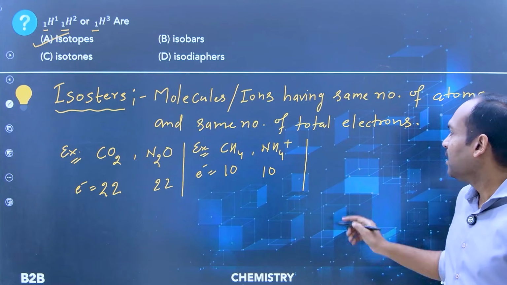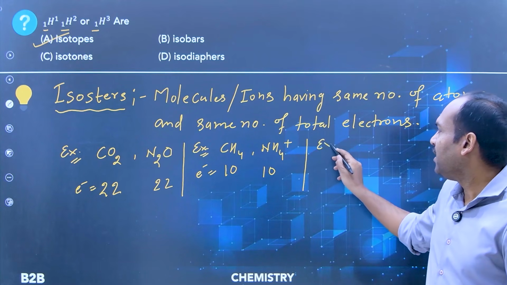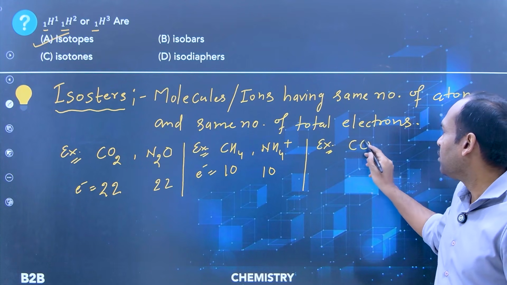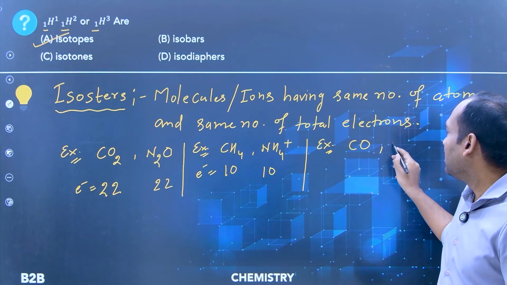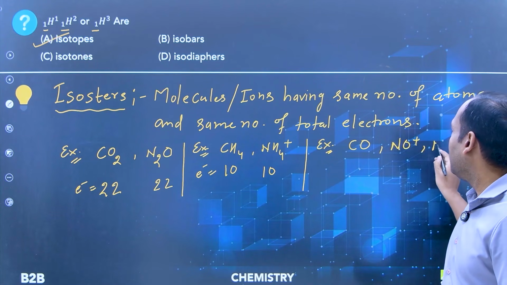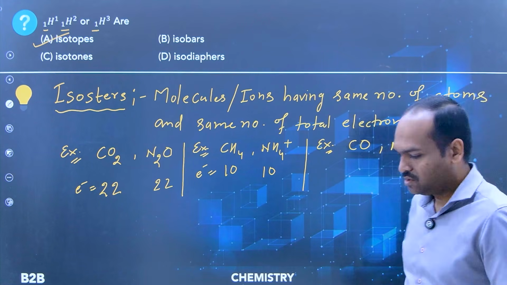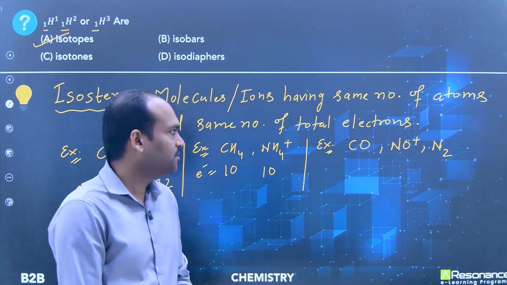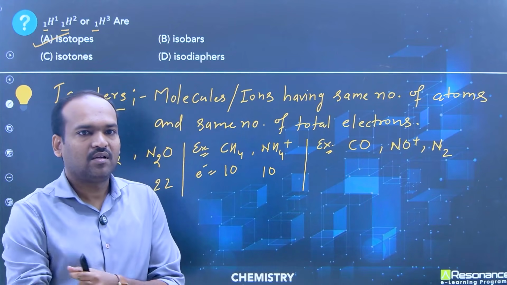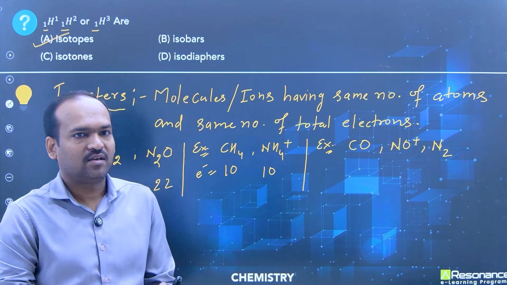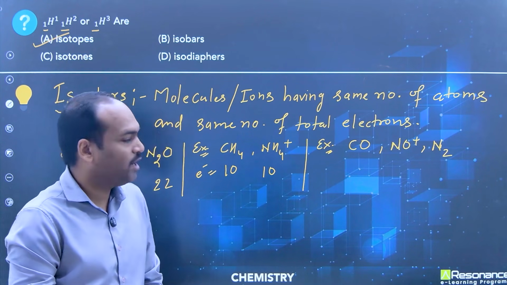Next, suppose we have CO, carbon monoxide, NO plus, and N2. I'm repeating, just wait. CO, NO plus and N2.